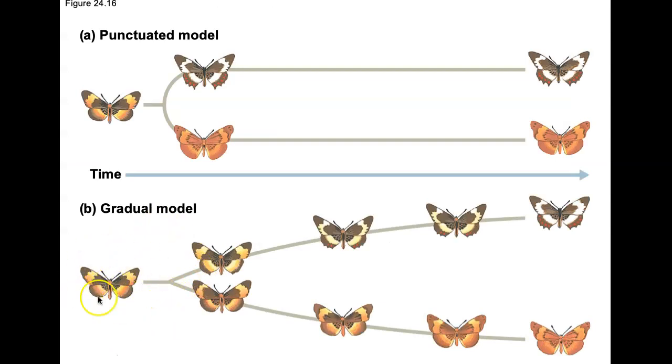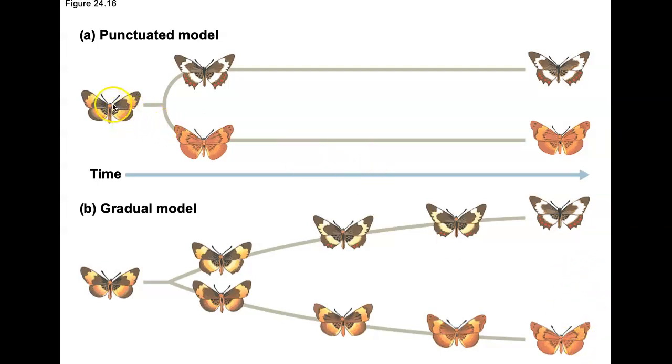Gradualism is when one species changes into two different species, but through a very gradual process. It takes place over time, with a gradual change of the physical characteristics and the DNA of the two species.